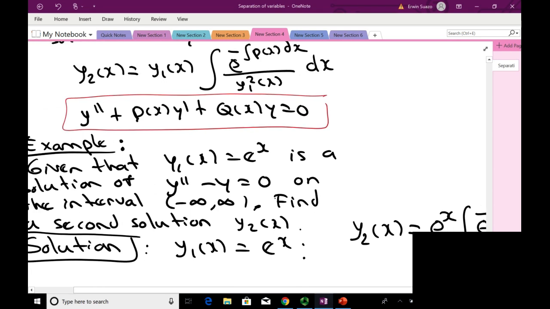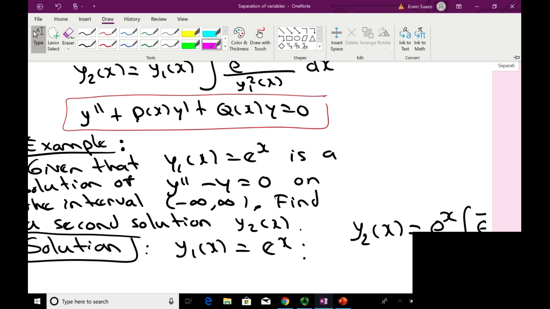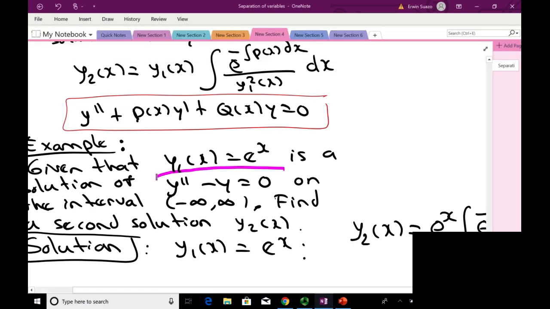So what do you think p of x will be in this case? Our equation is this one. Somebody else? Another opinion? This one is y, right?